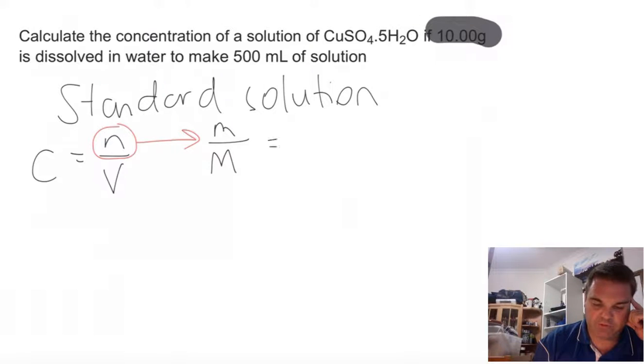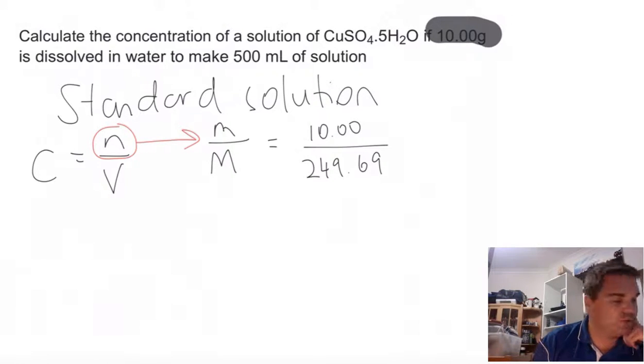So number of moles equals 10.00 grams over the molar mass of our copper sulfate pentahydrate. If you work that out off the periodic table, check you can do this, you should work it out to be 249.69.